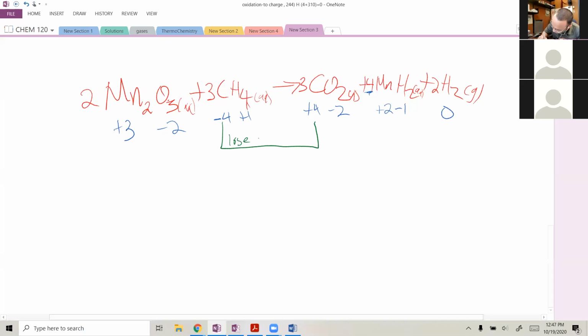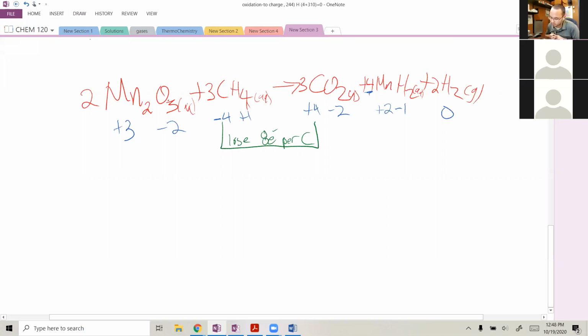So we are losing a total of 8 electrons per carbon. So that's a lot. Is there anyone else that's oxidizing? No, I don't see anyone else that's oxidizing.